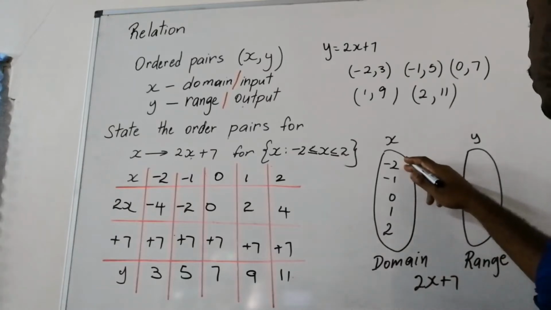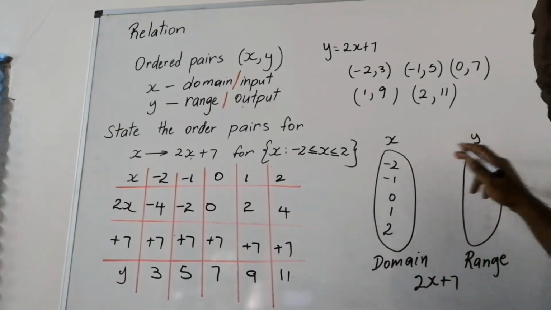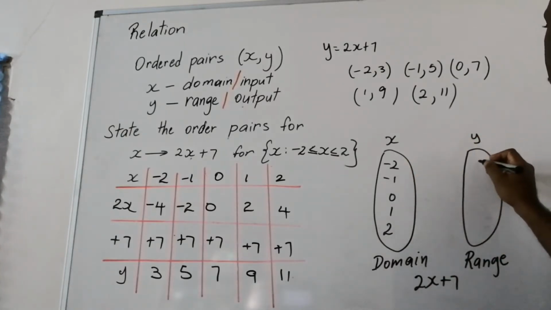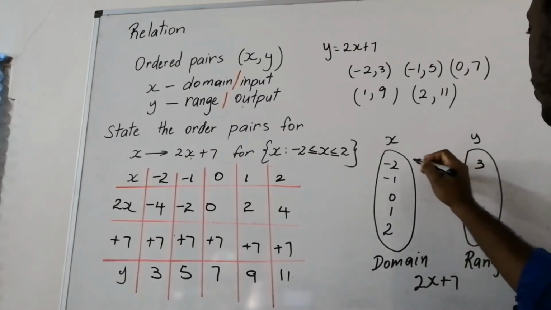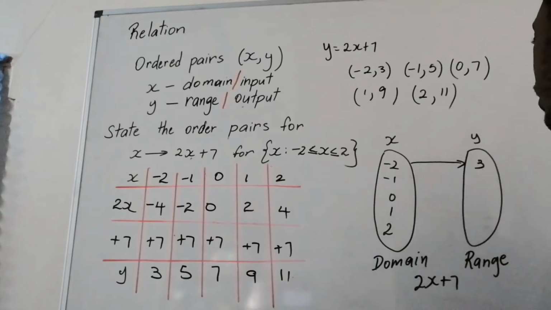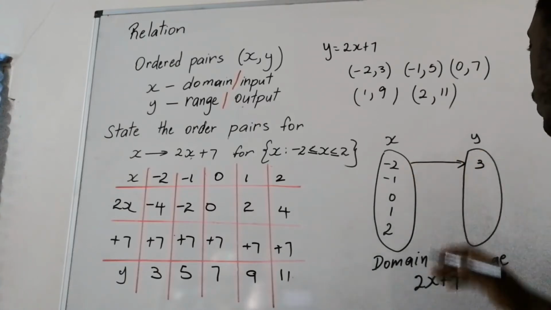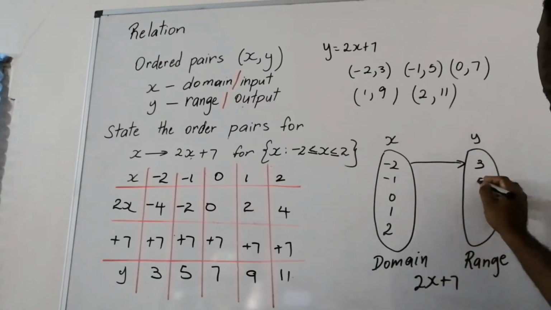So when we have -2, our y value is 3. So it's mapped onto that. -2 gives us 3. At -1 we have 5.